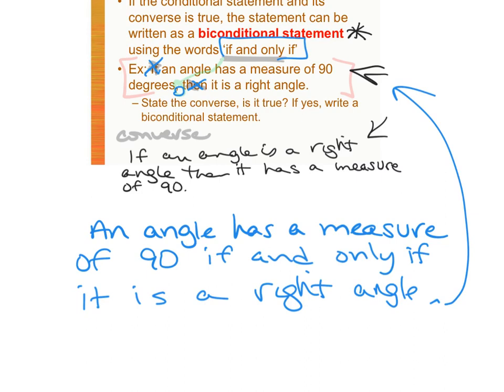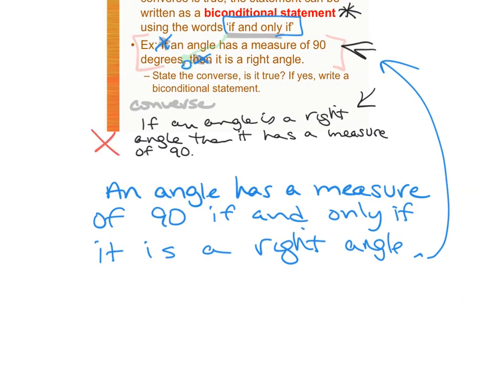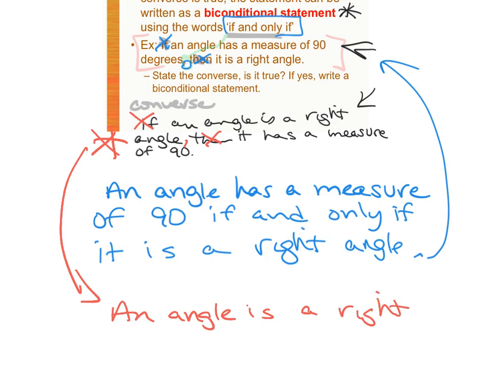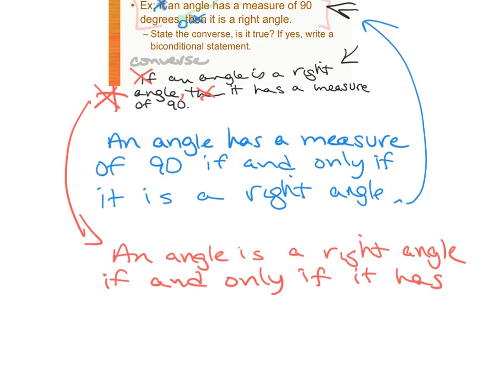Now I can do the exact same thing with the converse statement. So again, this time, I'm going to use this. Again, I'm going to take out the word if. I'm going to take out the word then. There should have been a comma there. So I could say now, an angle is a right angle if and only if it has a measure of 90 degrees.